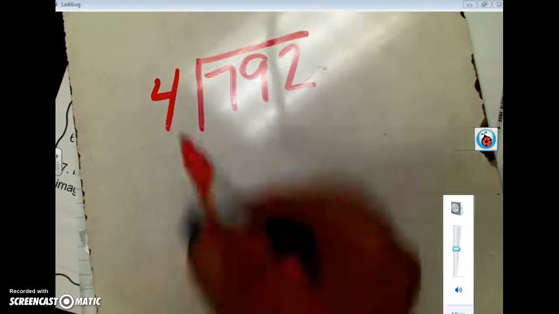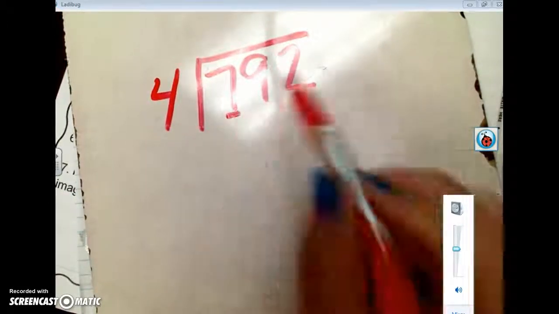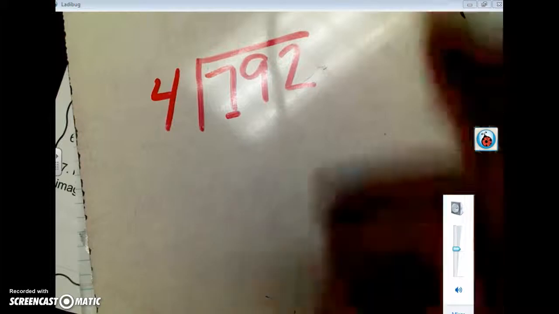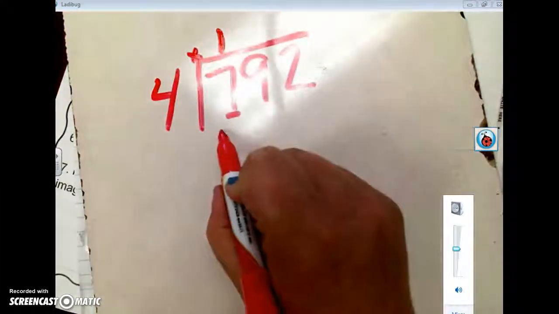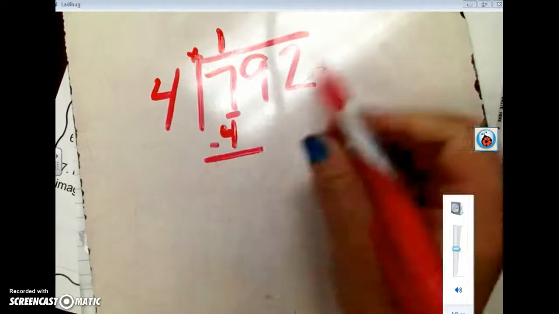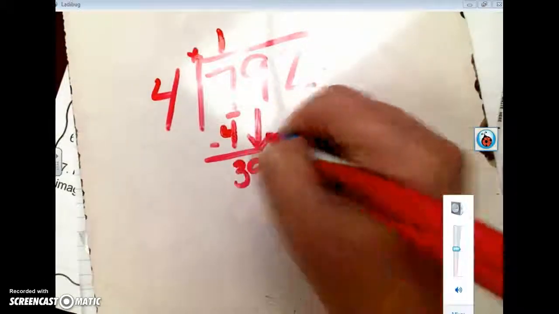792 divided by 4. The first thing I ask myself, does my divisor go into the first digit, which is 7? How many times does 4 go into 7? 1. 1 times 4 is? I subtract. 7 minus 4 is? Bring down my 9.